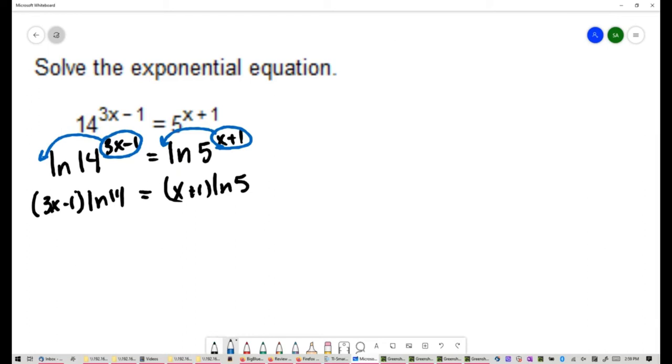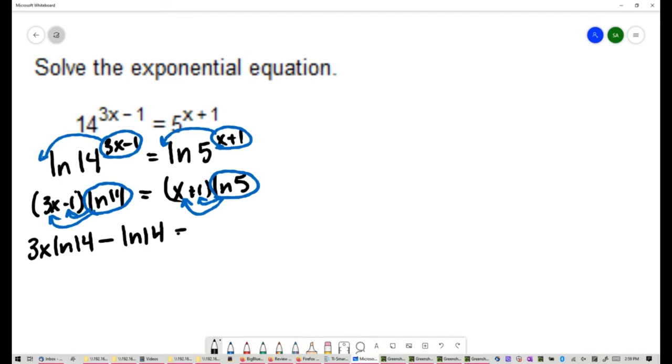And then I'm going to use the distributive property to distribute this log to both terms. And I'll do the same thing on the right-hand side of the equation, the distributive property. So that's going to give me 3x natural log of 14 minus natural log of 14 equals x natural log of 5 plus natural log of 5.